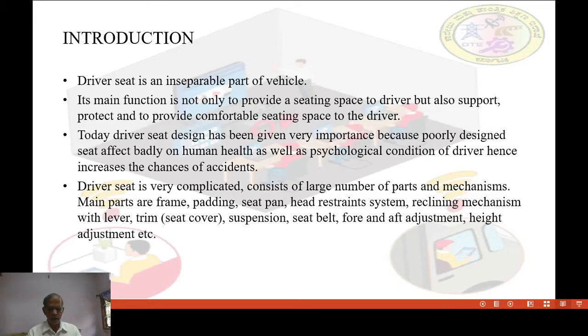Driver seat is a very complicated design, consisting of a large number of parts and mechanisms.